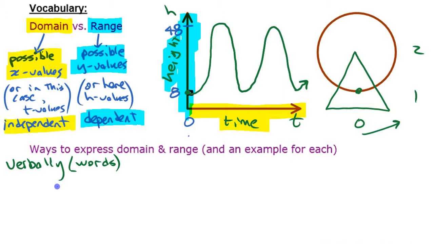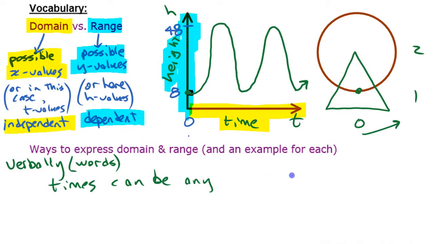What's the lowest time? What's the smallest time that's represented there? She starts at 0, right? So times can be any number. Now, when I say number, we need to be specific about this.